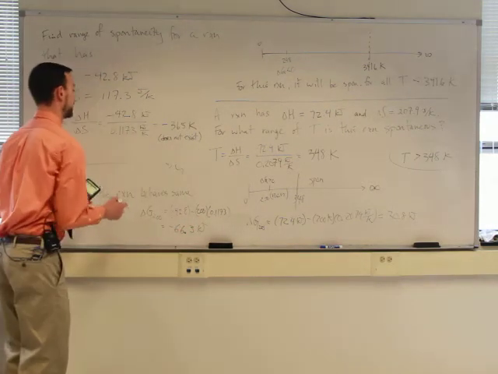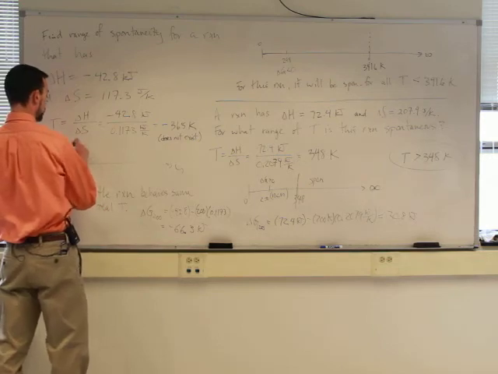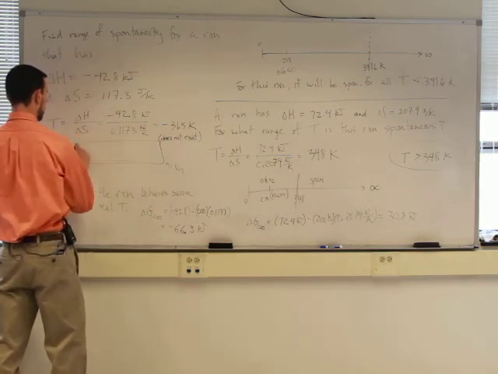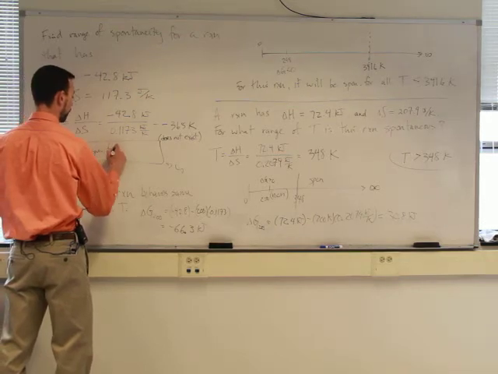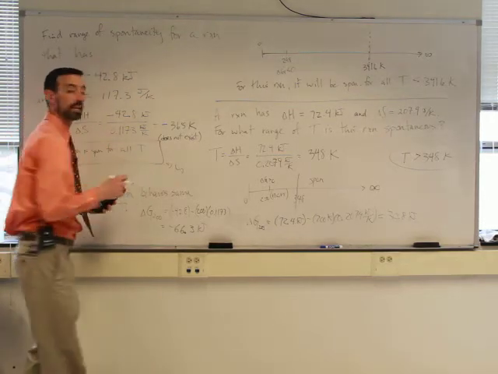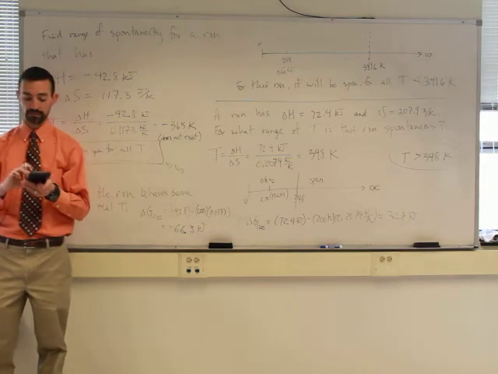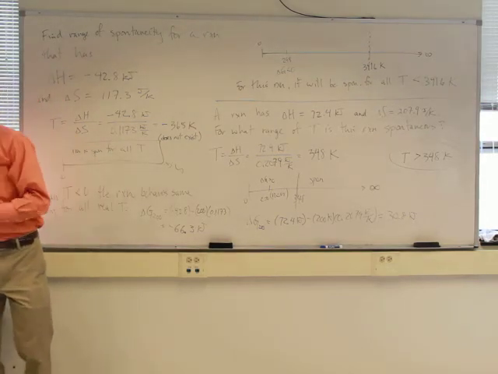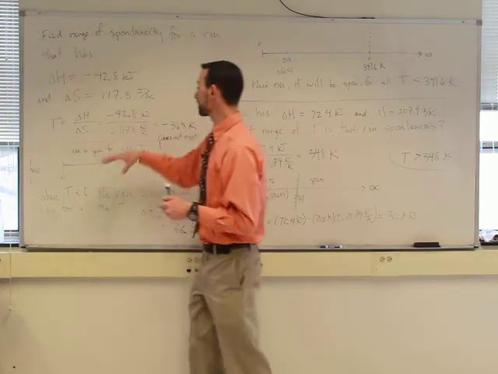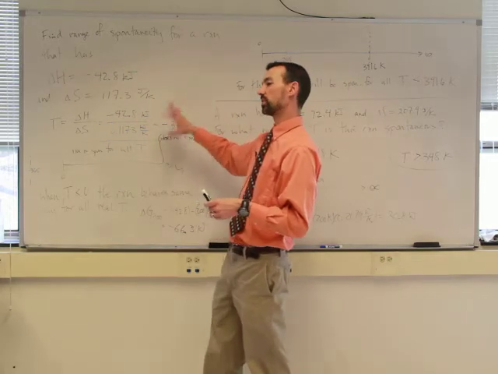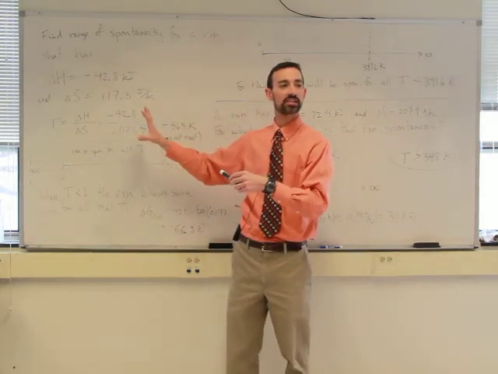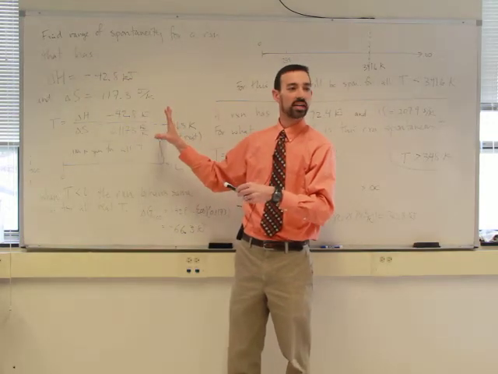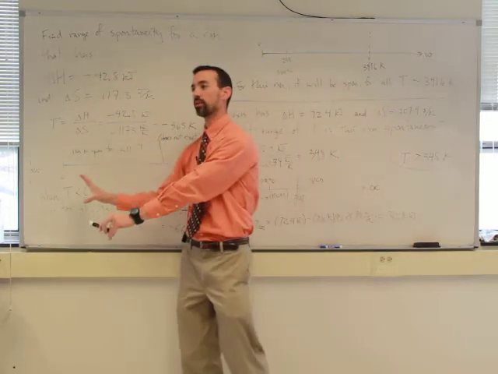So it's spontaneous, and we would say our answer is that this reaction is spontaneous for all temperatures. Okay? So the fact that we get a negative sign here is more of just a heads up, don't make that your answer like you do in the other cases, because that's not a real temperature. It's a special category. All right?